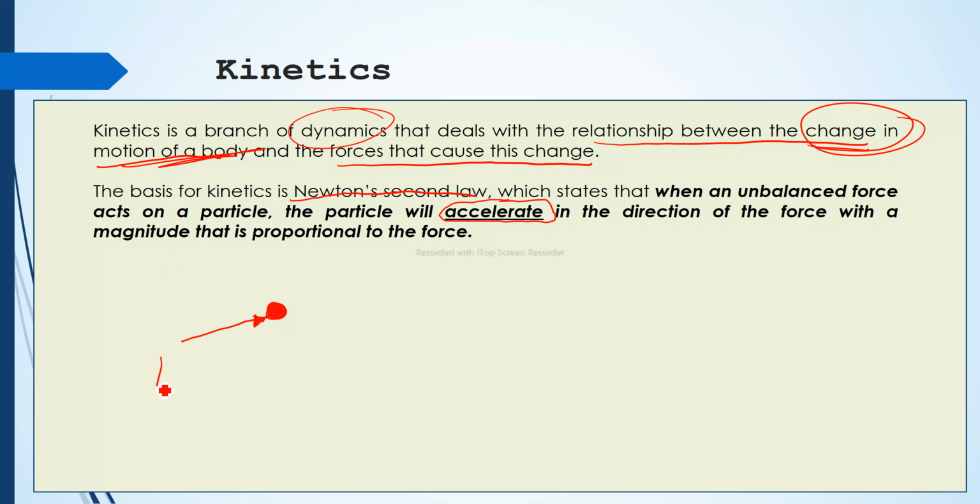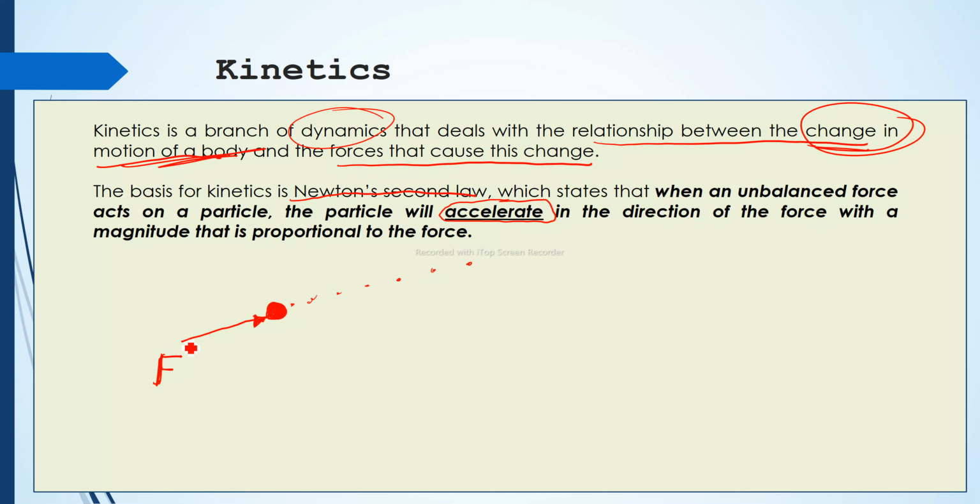Let's call the external force F. What do we expect if there is an external force acting on a particle? The second law says that if there is an unbalanced force acting on a particle, the particle will be in motion. It will move or accelerate in the direction of the force.